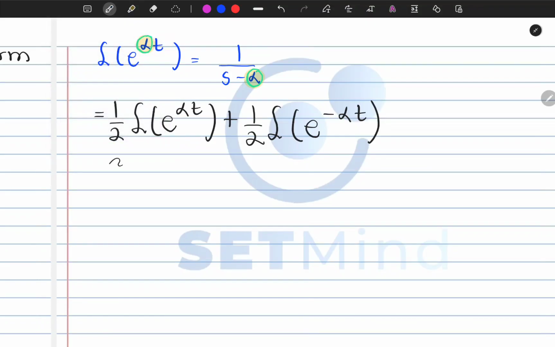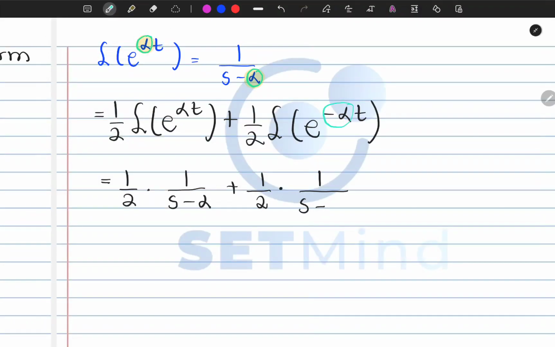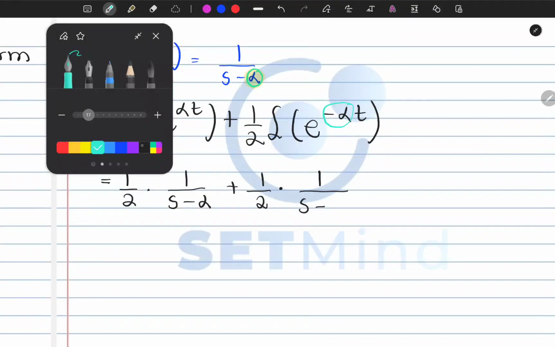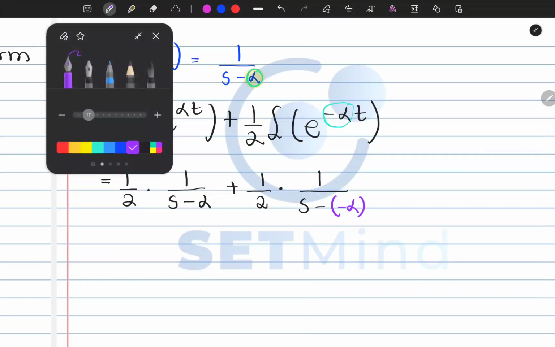So which means for this problem, we'll have 1 over 2 multiplied by 1 over s minus alpha. The other one, I'll have 1 over 2 multiplied by 1 over s minus, if you look at what is multiplying t here, it is minus alpha. So that is why we are going to have minus alpha like that.